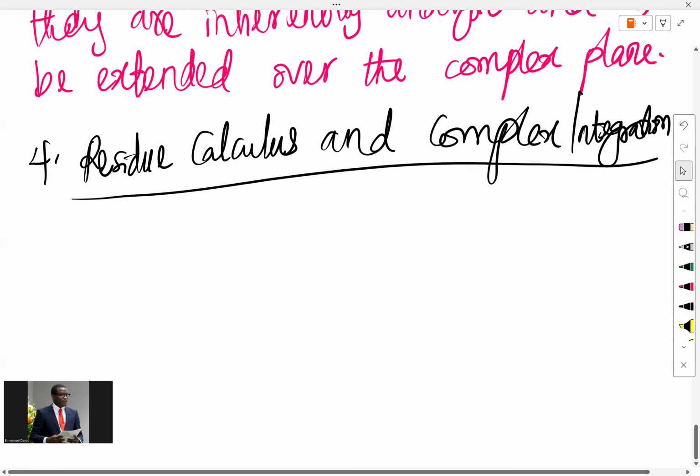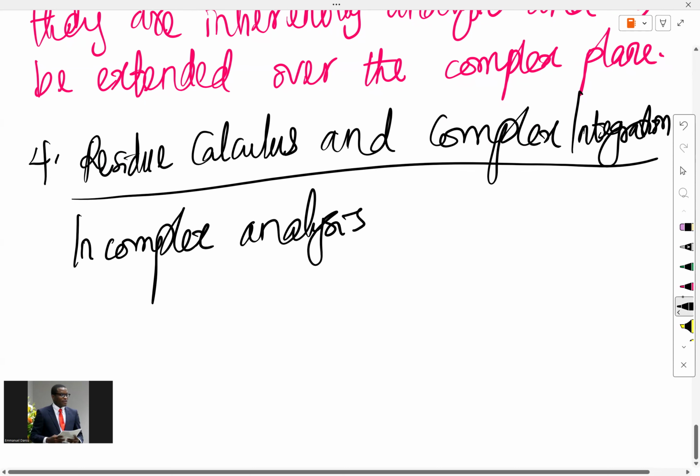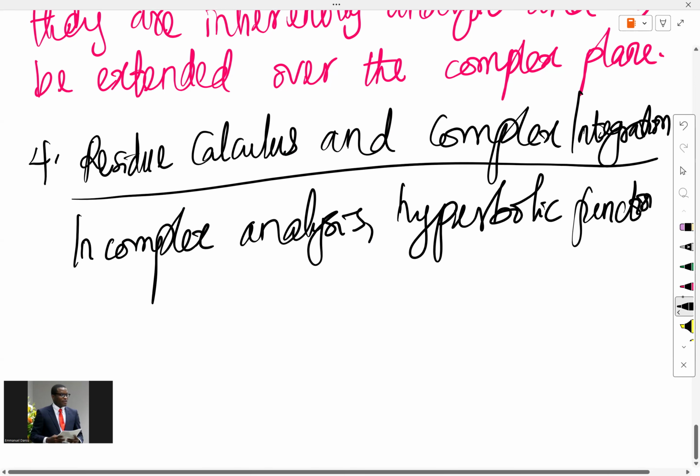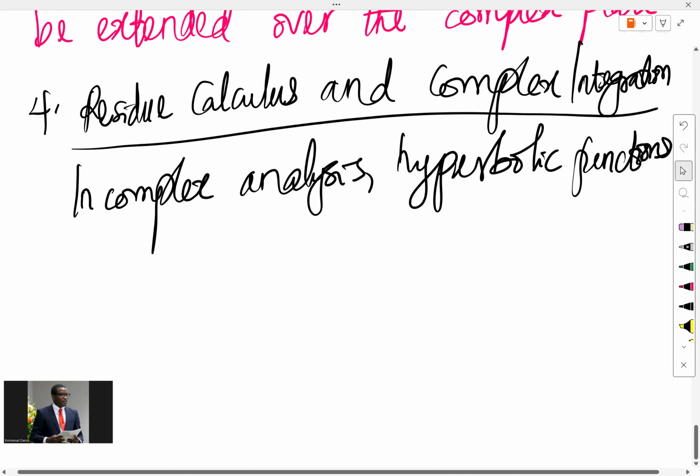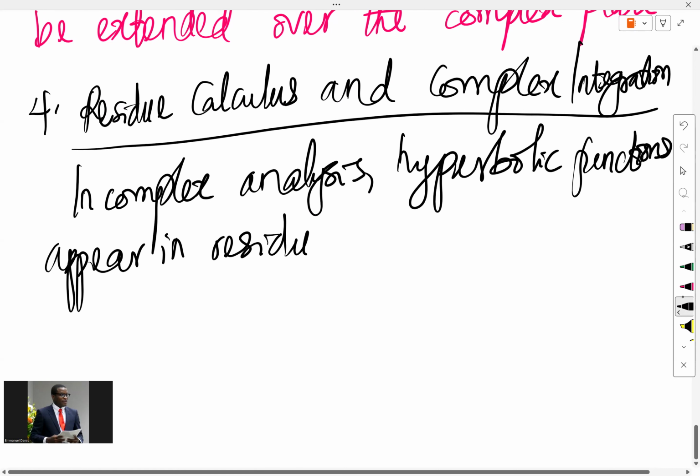In complex analysis, hyperbolic functions appear in residue calculus and integration.